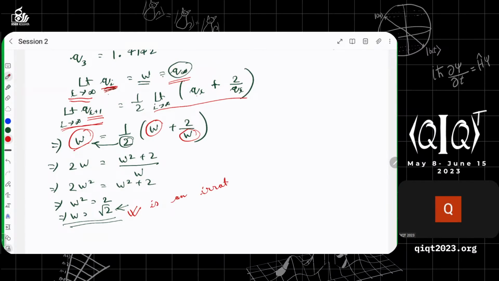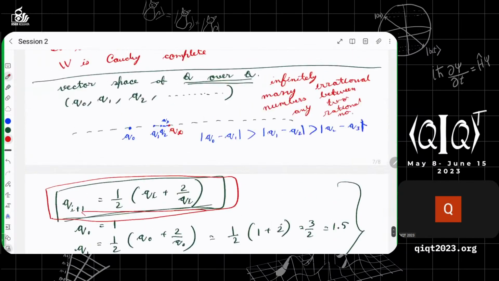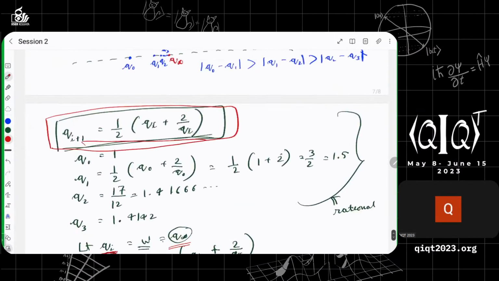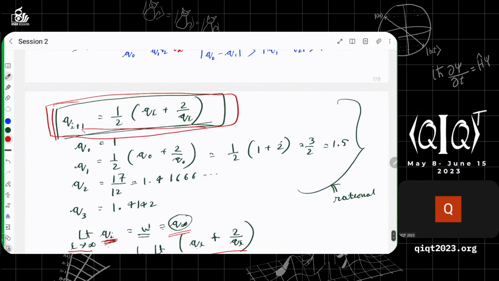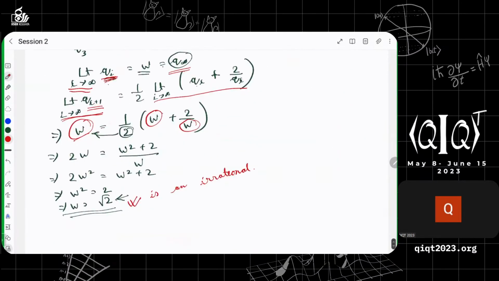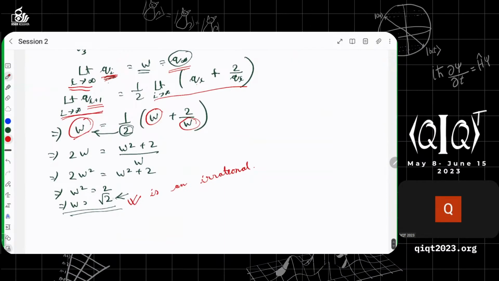So remember, we were working with the vector space of Q over Q, the vector space of rational numbers over the field of rational numbers. For this, we constructed a Cauchy sequence, where the values were getting subsequently closer to one another. And we found that in the limit of this sequence, it is going out of the set of rational numbers.